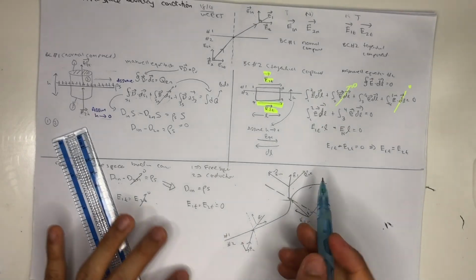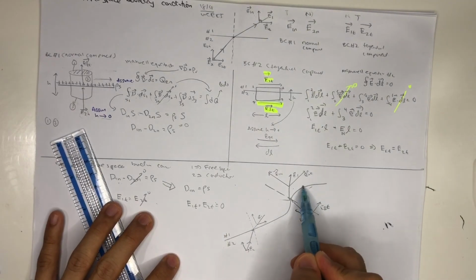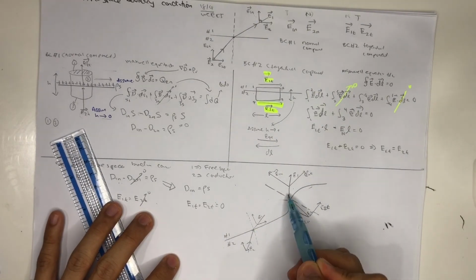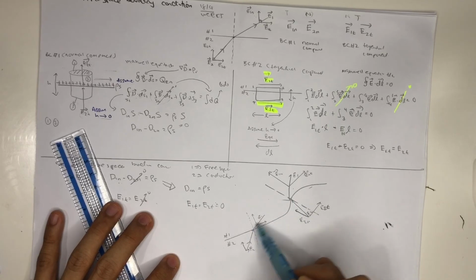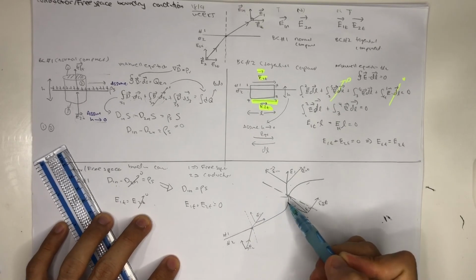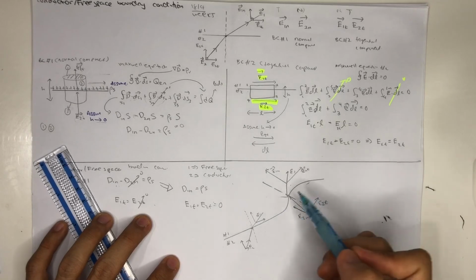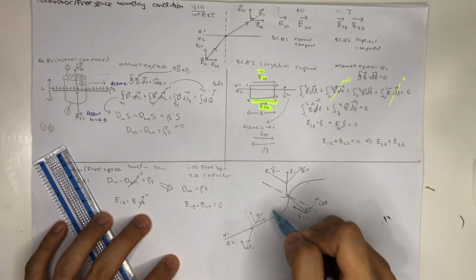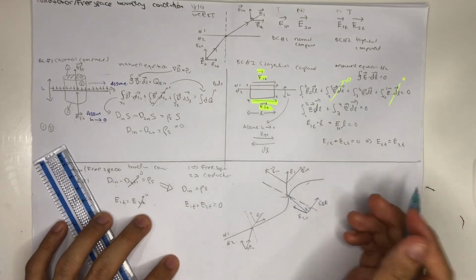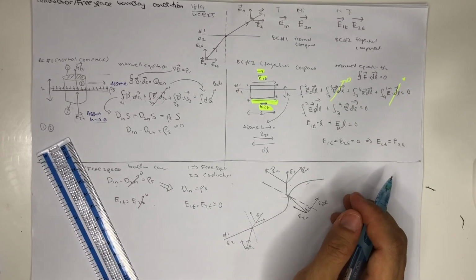Even though they are on the same boundary, if we take a different point, it will result in a different normal and a different tangential. So overall, we have a lot of directions.